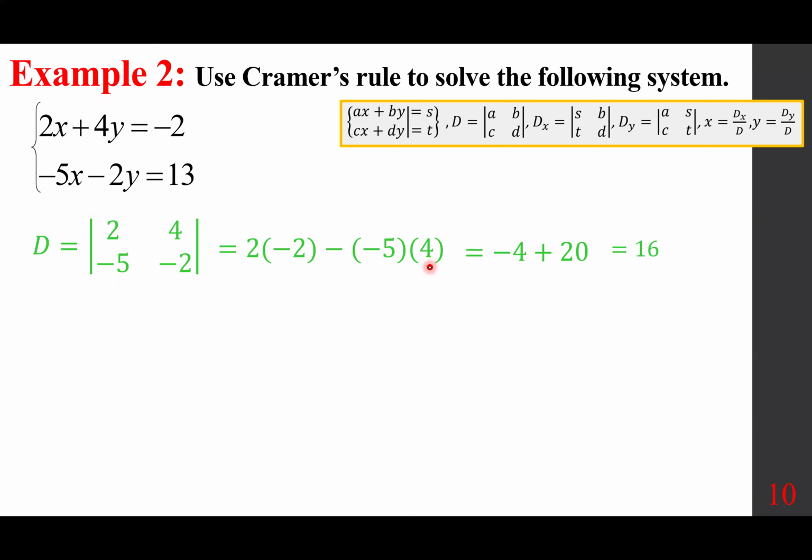Now for D sub x, we just replace the x column with the solution one. The x column, we change it to negative 2, 13.